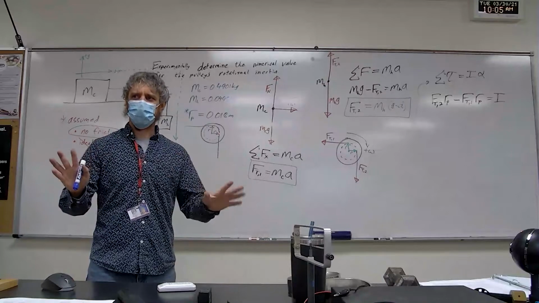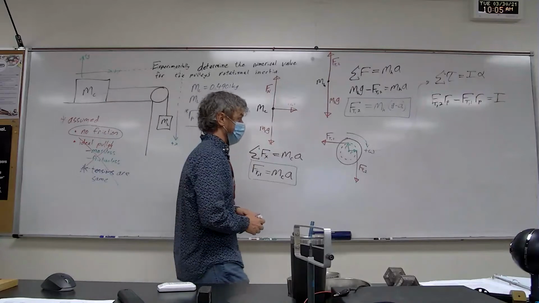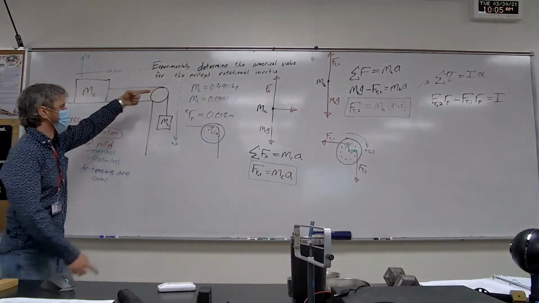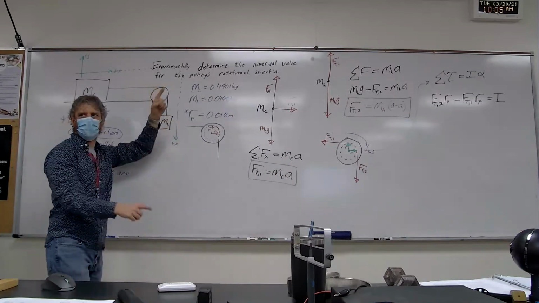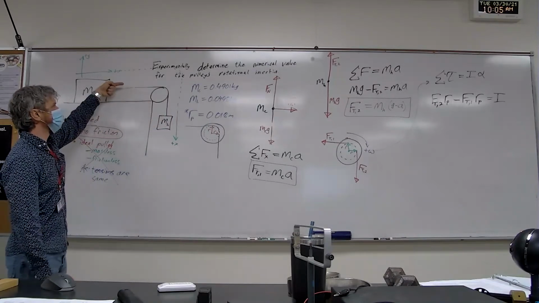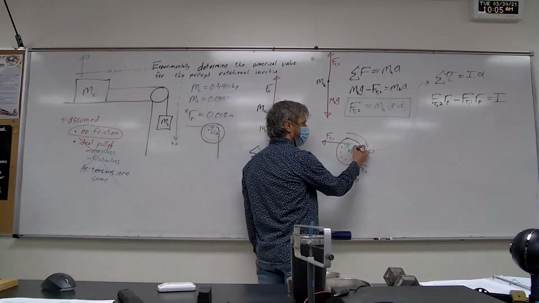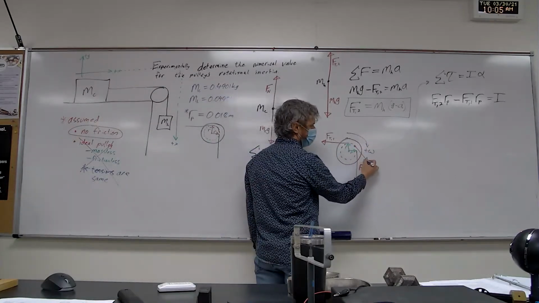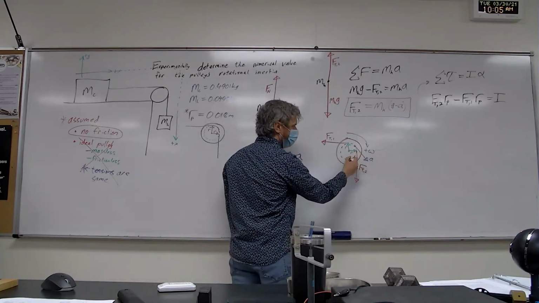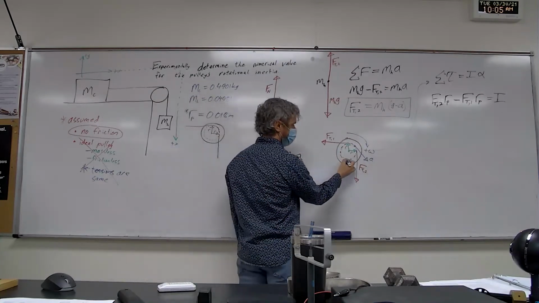And this is the trick that you have to use to bypass that, to end up expressing that in terms of another known quantity. We know that the cart is accelerating this way. We know that the hanging mass is accelerating downward with the same acceleration. Therefore, this point on the string has to be accelerating at that same acceleration. Therefore, a point on the string that's lying on the rim has to be accelerating with that same linear acceleration, which means any point that is equidistant on that rim from the axis of rotation has the same acceleration.